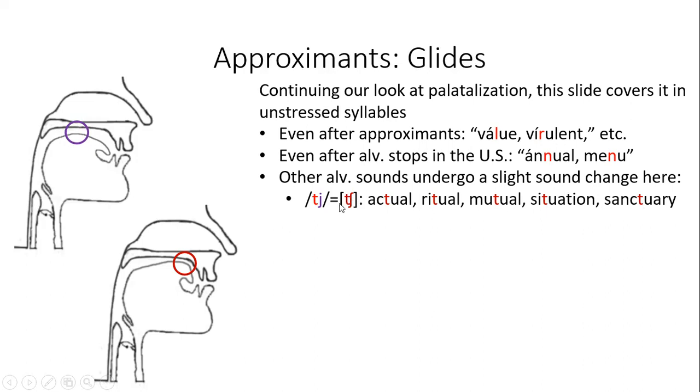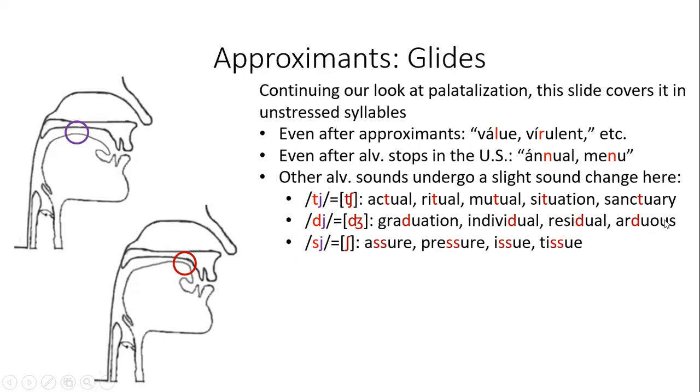It's a ch sound, just like we saw that post-alveolar voiceless affricate, not tia. So it might sound sort of okay with tia. So actual, ritual, mutual, situation, but those don't sound quite right to me. It really sounds better to me with the ch. So same here, graduation, individual, residual, arduous.